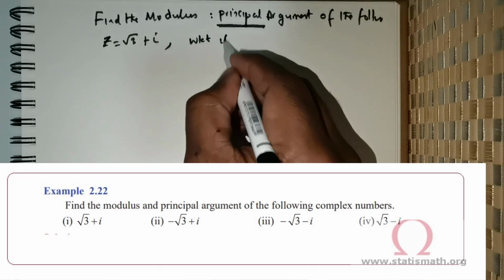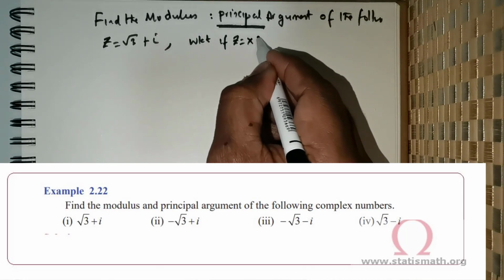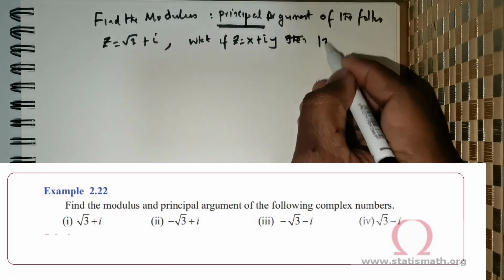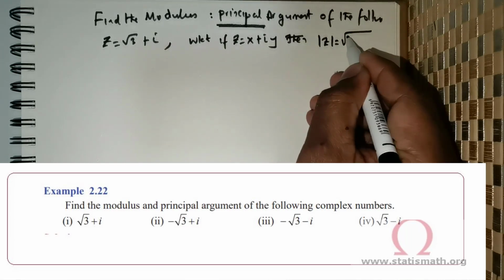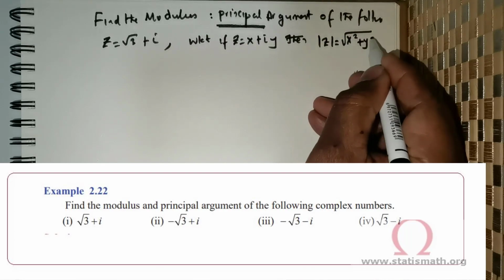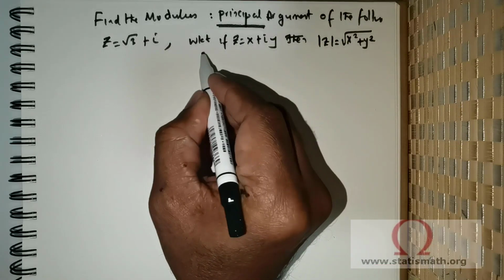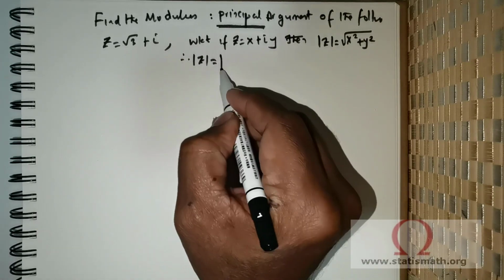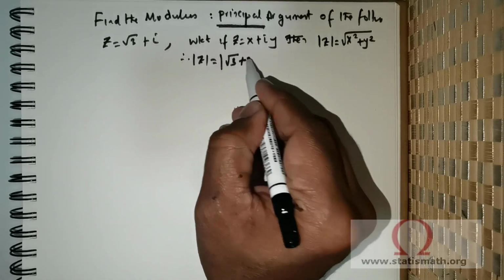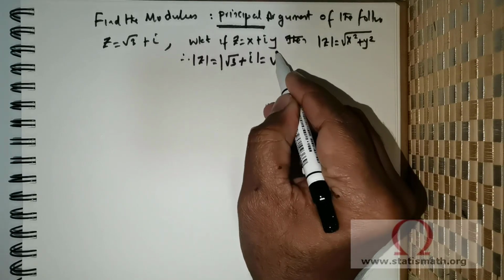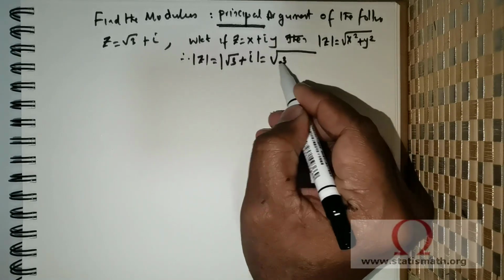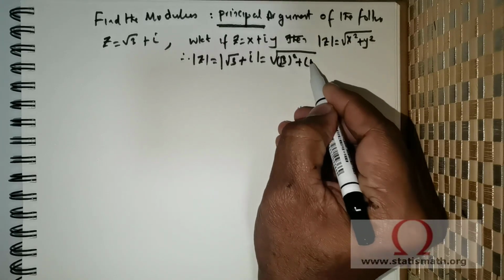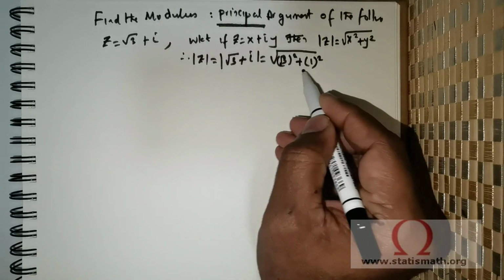We know that if z is equal to x plus iy, then modulus of z is equal to root of x squared plus y squared. This is the formula we know. So therefore, modulus of z is equal to modulus of the complex number root 3 plus i, which is equal to root of the square of root 3, and to it you add the square of the imaginary part.